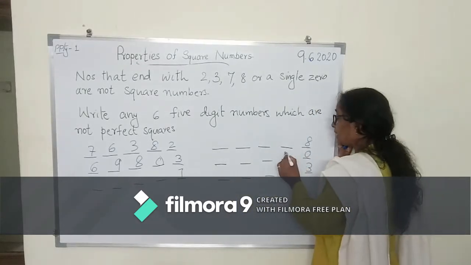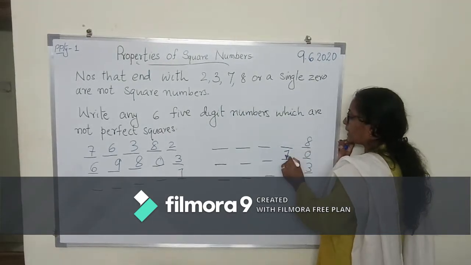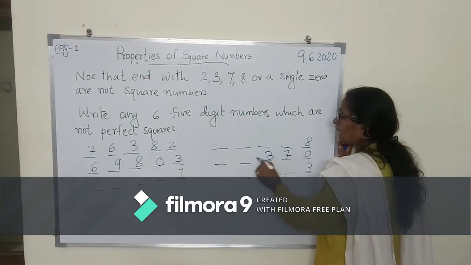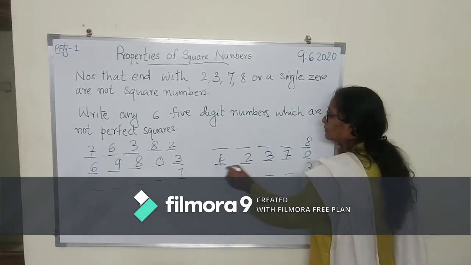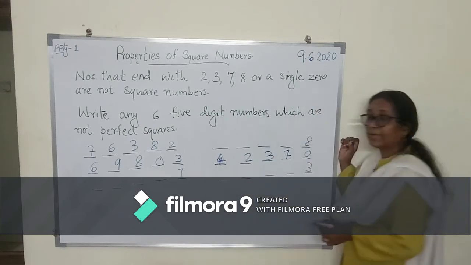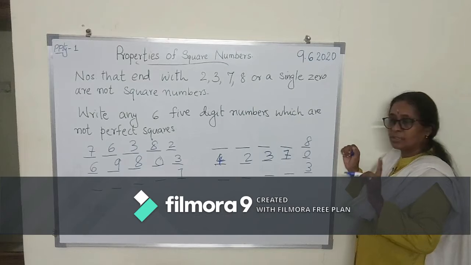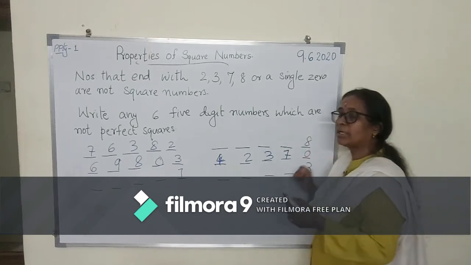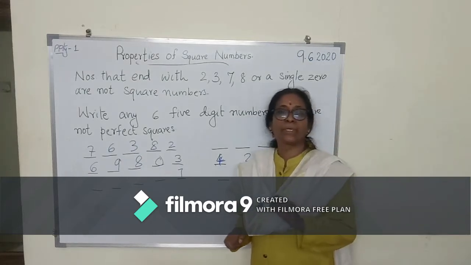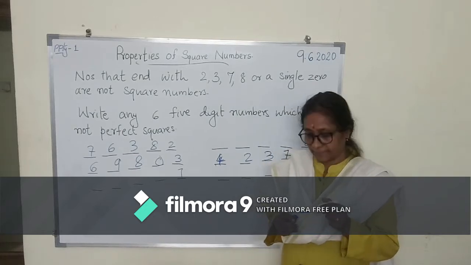For example, you have to note that here it should not be 0. If I write here 7, 3, 2, 4, 0. This is not a perfect square because here you have a single 0. Clear? So this way you can be asked to make any numbers, you can make them very easily. Okay.